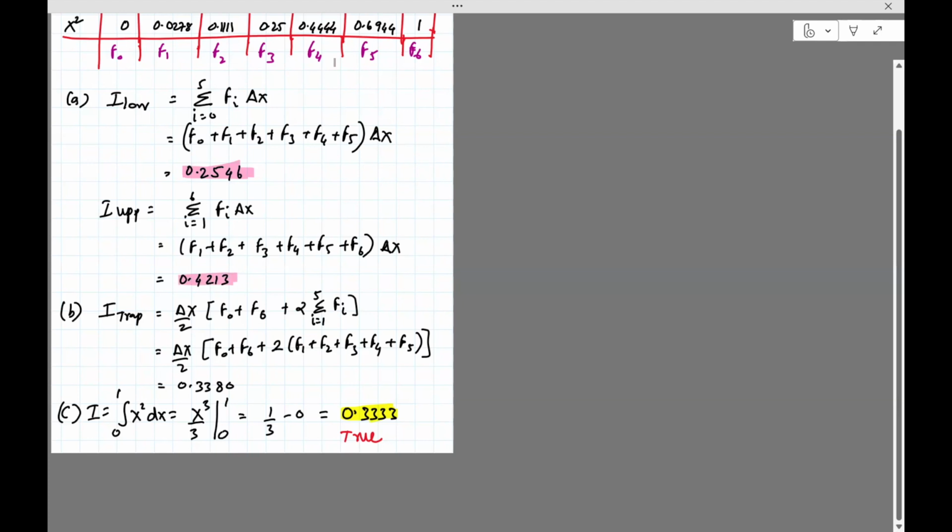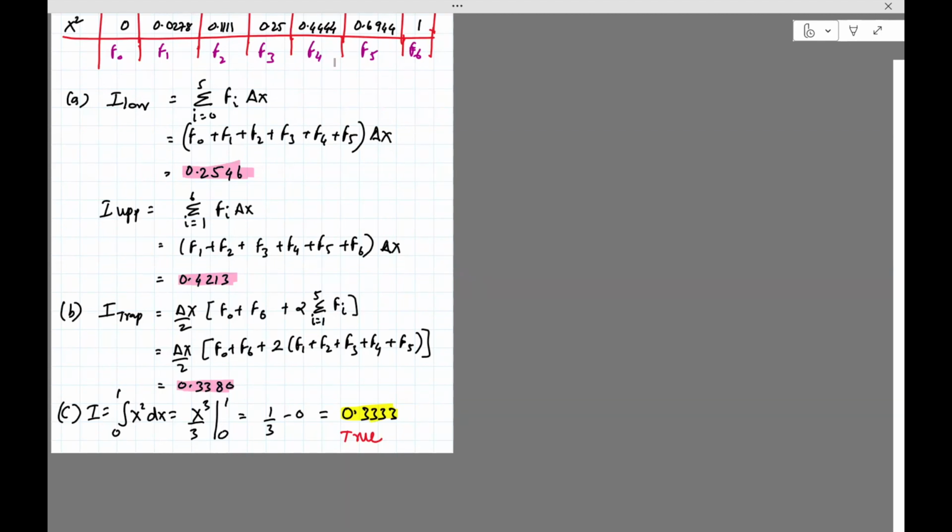Okay, so that's clearly overestimating the value. The trapezoidal rule is giving 0.3380, which is actually slightly overestimating the value of 0.333, but it's actually kind of accurate to about 2 decimal places.